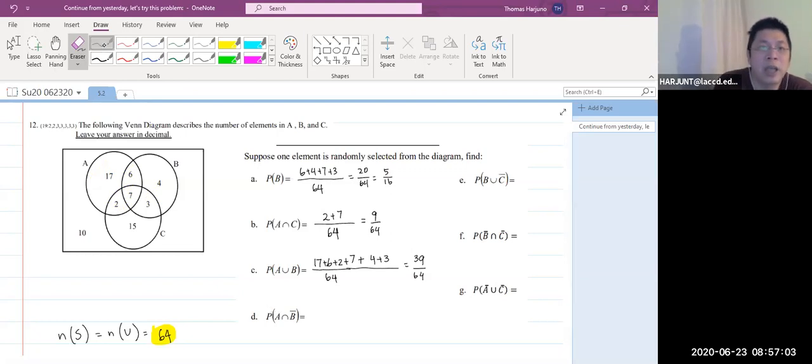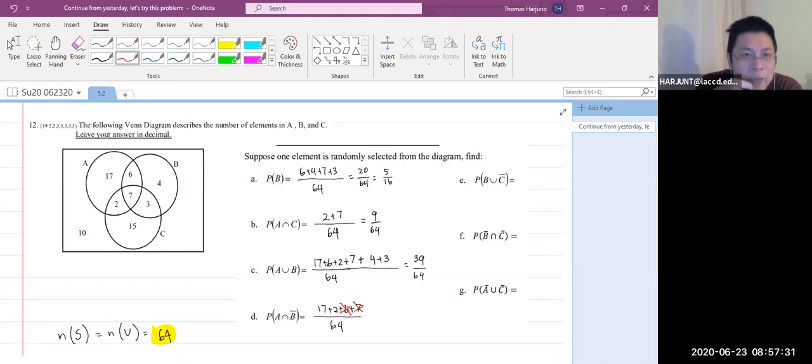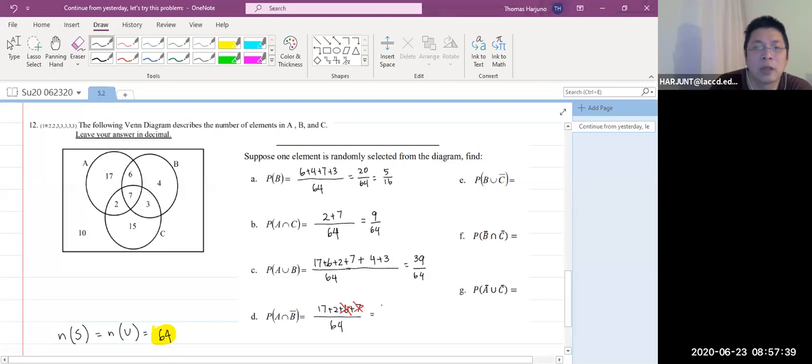Probability it is in A, but not in B. The ones in A are 17 plus 2 plus 6 plus 7, but I need to cut away those in B. Because it has to be in A and at the same time cannot be in B. Right? Okay, so that will be 19 over 64.